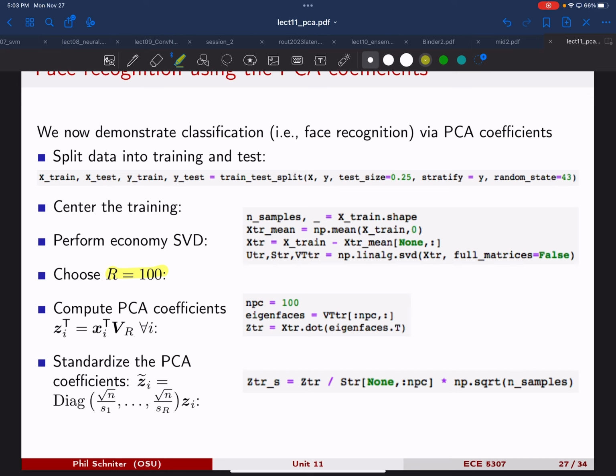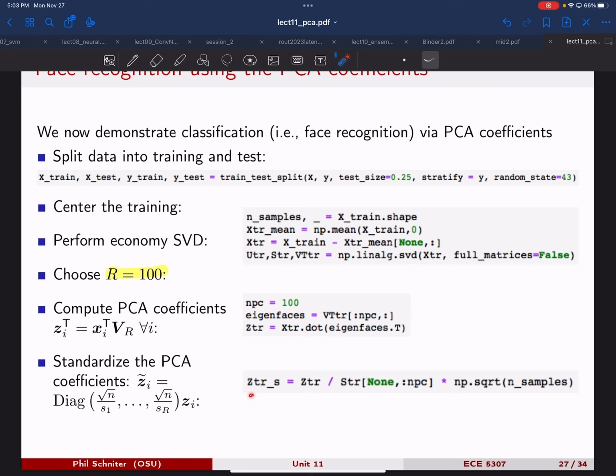So what we can do is we get this V transpose matrix, and we're going to take now the first 100 rows of this and ignore all the other ones. So eigenfaces will be our dictionary, and then to compute our Z coefficients, which are our compressed representation, we basically do X transpose times eigenfaces transpose, and we get this Z matrix.